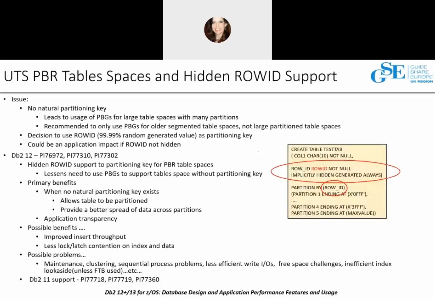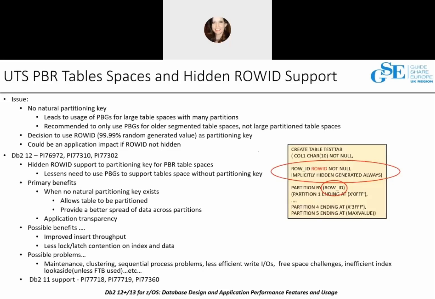Now, a lot of times moving from partition by growth to partition by range does not happen because you might go partition by growth because you don't have a good key limit number to do partition by range. And so that might limit your need or want to move to a partition by range table space. But there are so many more benefits to using a partition by range table space, as we'll discuss later.